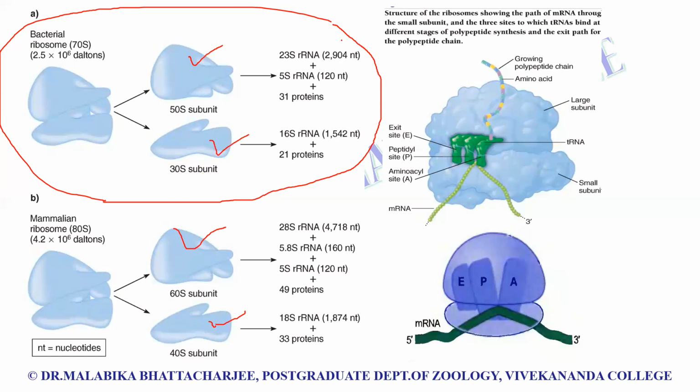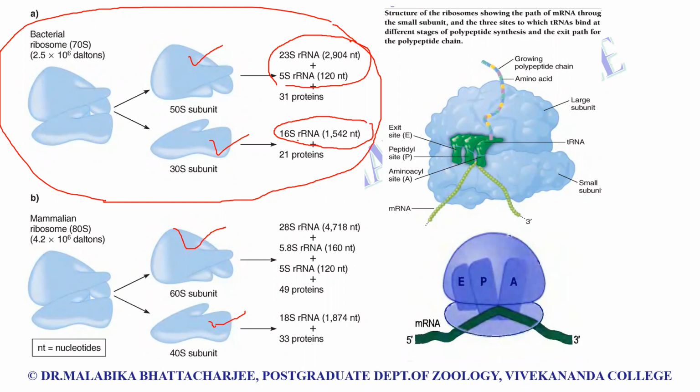These are, for the larger subunit, the two categories of rRNA molecule. And for the smaller subunit in prokaryotes, this is the only one rRNA found here. And if you remember, the 16S rRNA plays a very important role in recognizing the Shine-Dalgarno sequence in the 5' leader region of the mRNA.